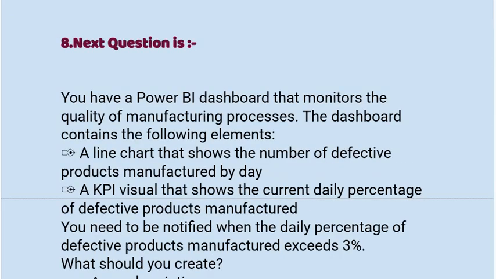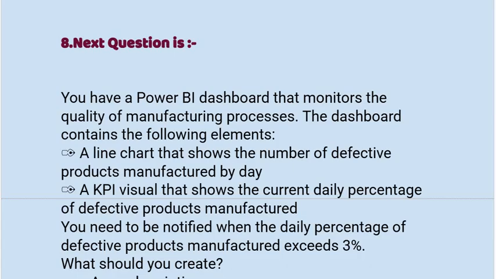Question is, you have a Power BI dashboard that monitors the quality of manufacturing processes. The dashboard contains the following elements. First, a line chart that shows the number of defective products manufactured by day. Second, a KPI visual that shows the current daily percentage of defective products manufactured.